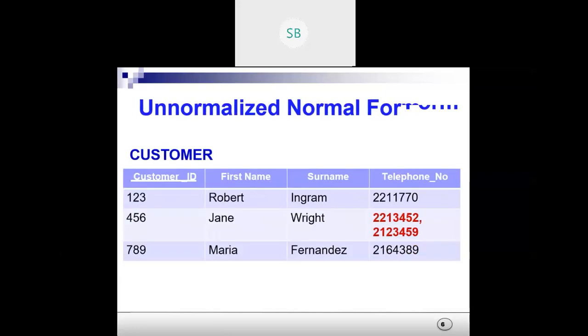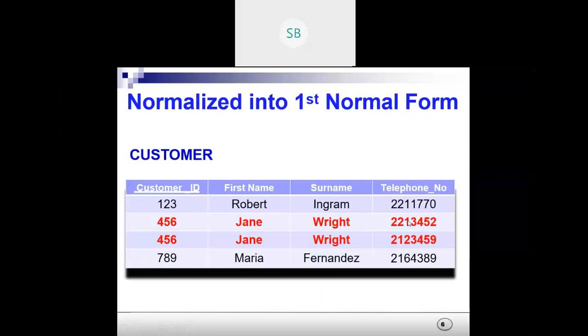In the unnormalized form, two phone numbers were stored in a single cell, but this is not correct. So we divide it and separate it into first normal form. That is why it will contain only atomic values. Anyone not clear with this one? First normal form is the easiest one.